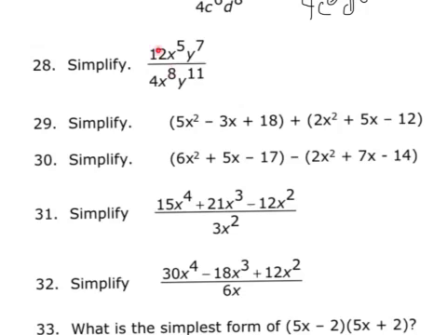So 12 divided by 4 is going to give me 3. And x to the 5th divided by x to the 8th, I will subtract. 5 minus 8 is negative 3. So x to the negative 3rd power. And we will take y to the 7th divided by y to the 11th. So we subtract that and we get negative 4.